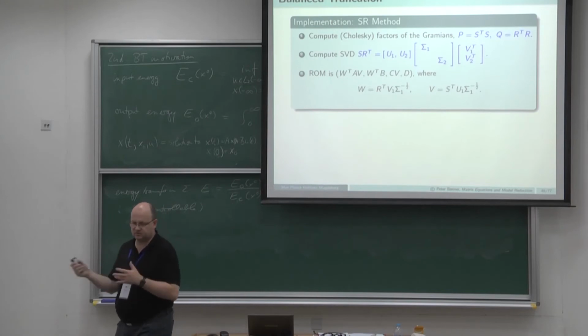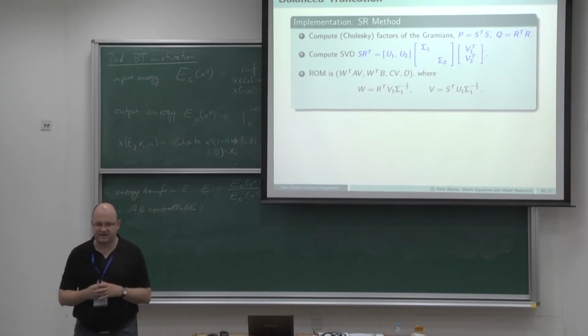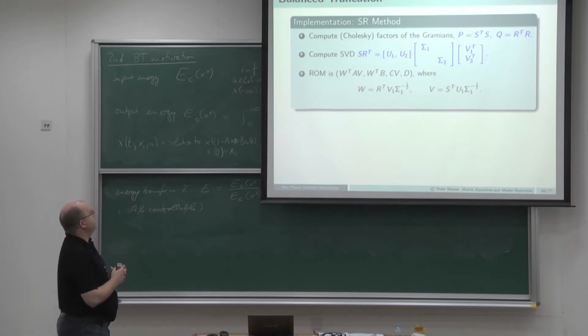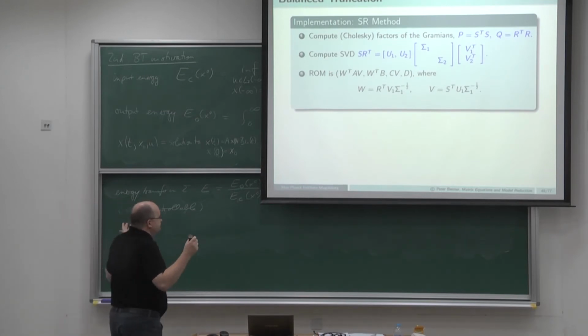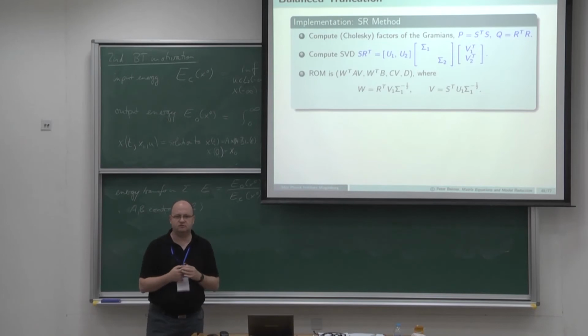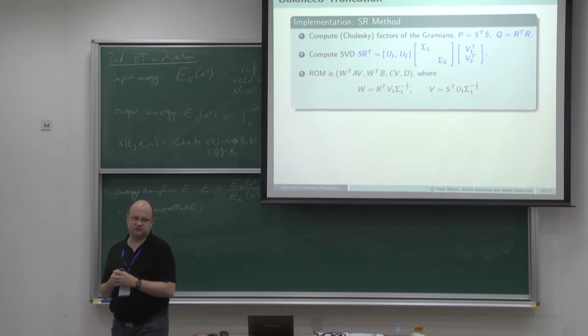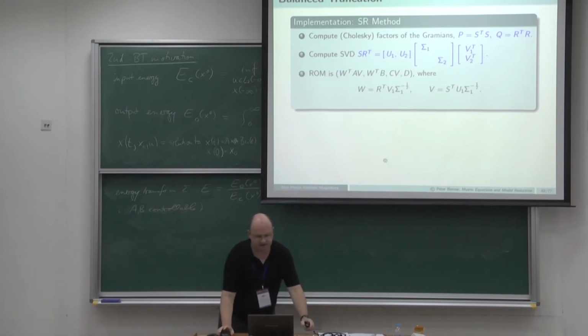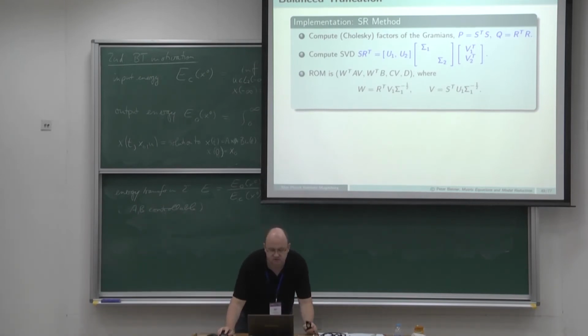Because of the error bound, you know that if they don't decay, you don't get a good approximation. But maybe there are other P's and Q's around that also give you good approximations. And what I want to show you is that there are actually other P's and Q's.